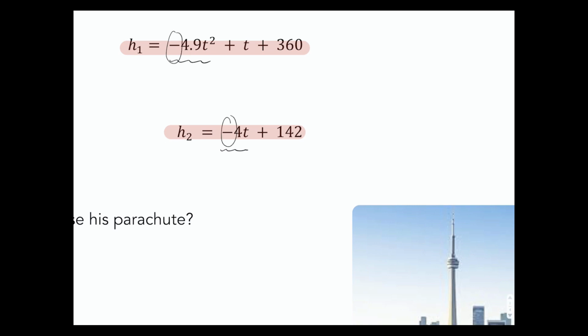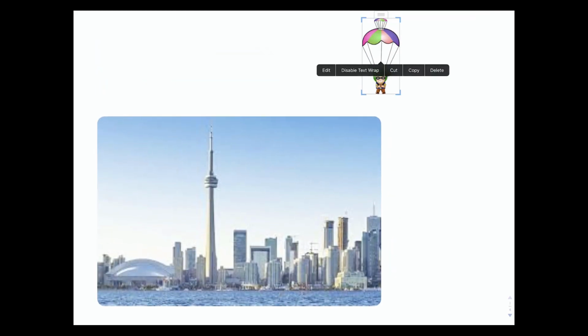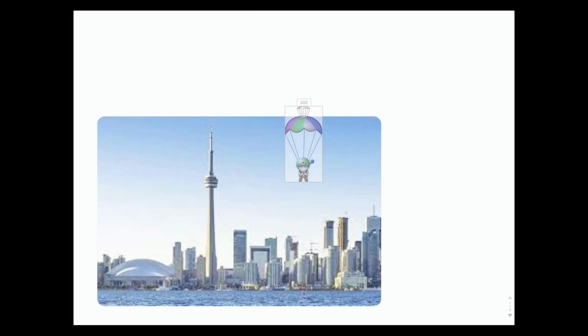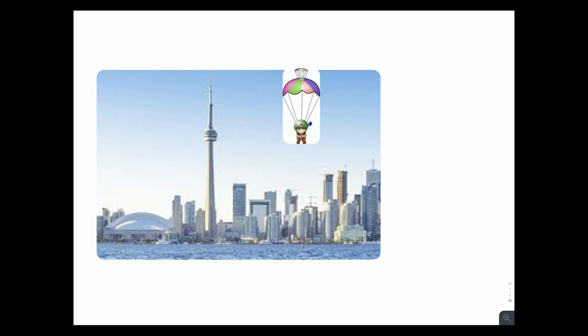So what does this look like in the situation? I have here our CN Tower, and I have our parachute jumper. What happens is he is going to jump, let's assume, right off the very top of the CN Tower.